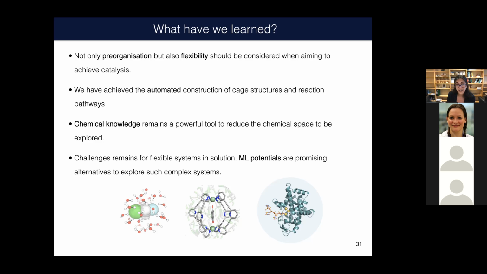So I think that the power of chemical knowledge has to be introduced when we are looking into automation. And then finally, there are many challenges for us to explore this type of system in solution. Even enzymes, these hugely complex systems, remain challenging for us. But we think that introducing machine learning potentials will allow us to overcome some of the challenges in those areas.